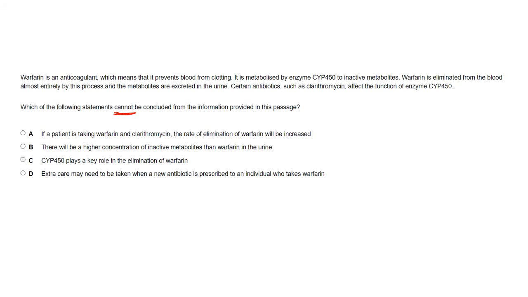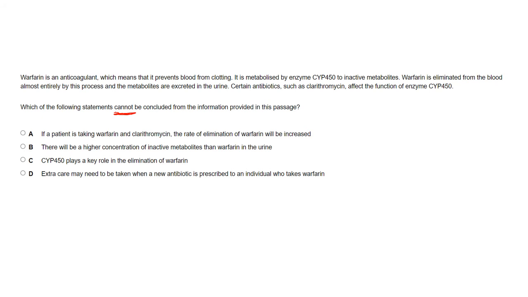And having been metabolized, the metabolites are then excreted in the urine. Okay, so we would expect that anything which interferes with the activity of cytochrome P450, the enzyme, will affect the rate of elimination in the urine for that reason.